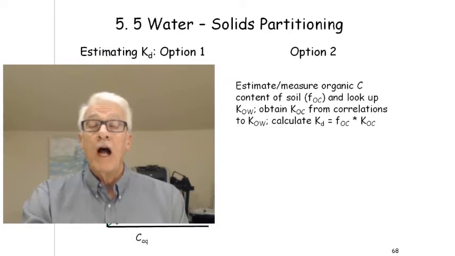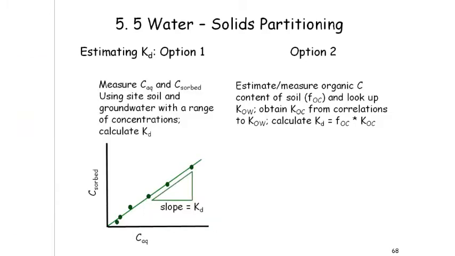Another way to arrive at Kd is to estimate it using a variety of estimators. We start by measuring the organic carbon content of the soil. Then we go to the literature and find a value for our chemical of the octanol water partitioning coefficient, KOW. The advantage of this is that KOW is available for virtually every organic chemical. We would then use correlations that are developed in the literature to obtain something called KOC from KOW.